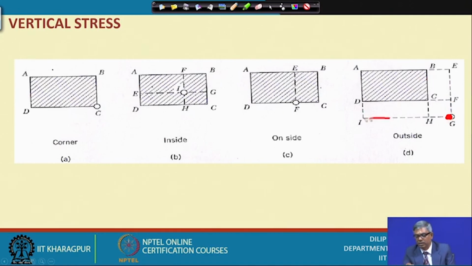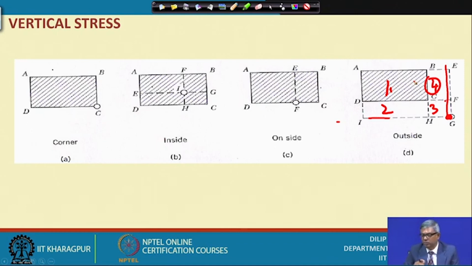I have drawn one line here, another line here, and then from this I will extend to intersect this, and from here also I will extend to intersect this one, then I will get a bigger rectangle. So, instead of ABCD, now I am getting AIGE, and now again I will draw this line, extend it up to this, and this line I will extend up to this. So, I will now get 1 part, 2 part, 3 part, 4 part.